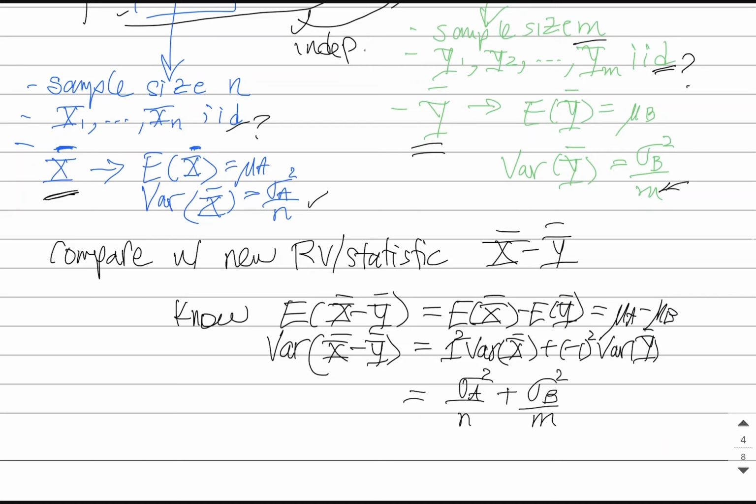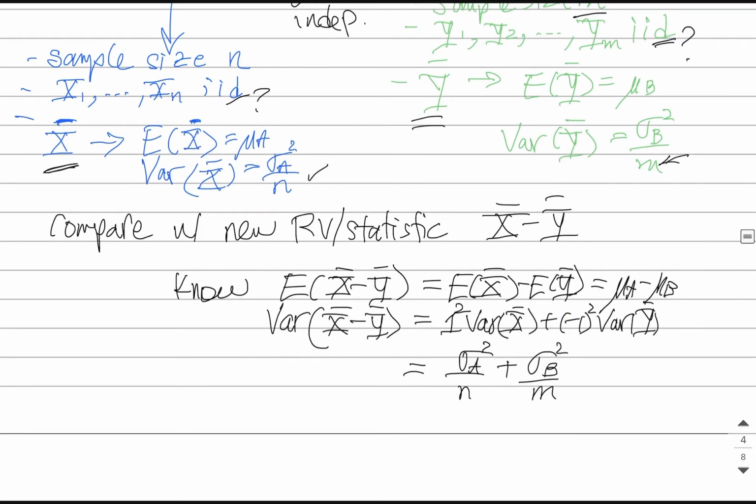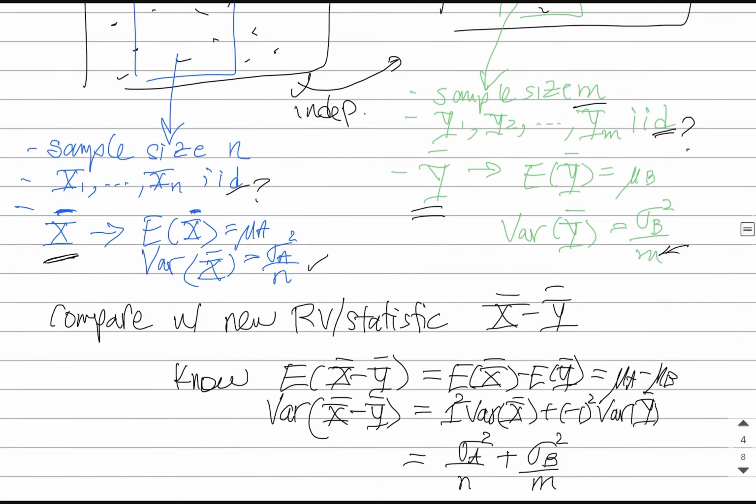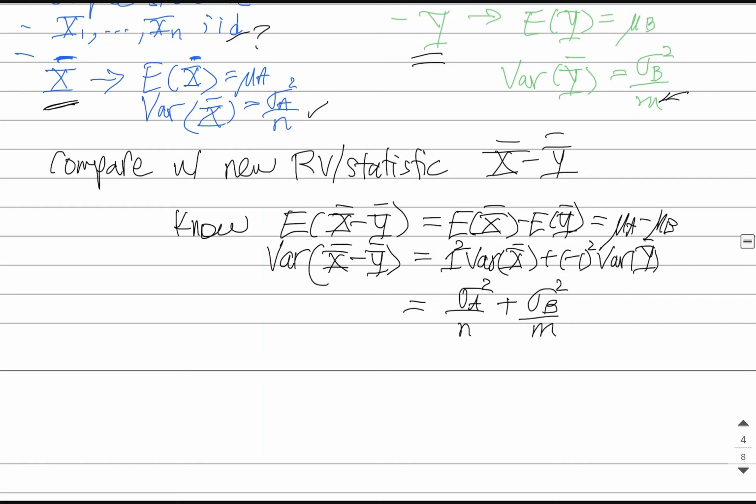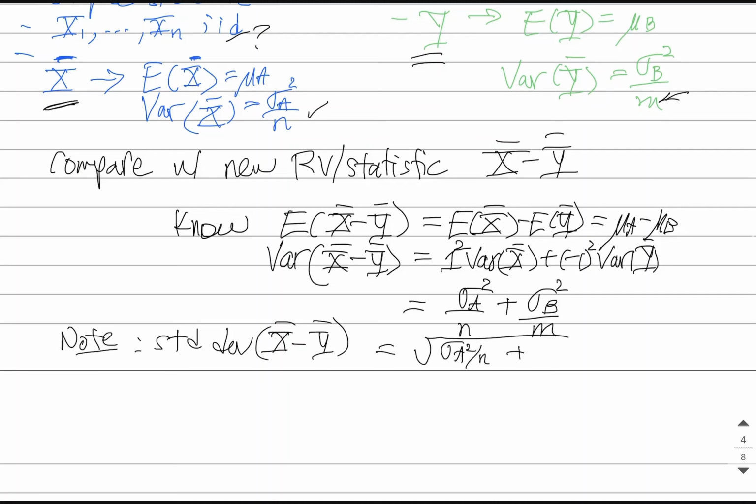So if we needed the standard deviation, we could just take the square root of this result. And we are going to need that a little bit later. So note the standard deviation of x bar minus y bar is going to be the square root of sigma A squared over n plus sigma B squared over m. So that's going to be an important detail in just a moment.